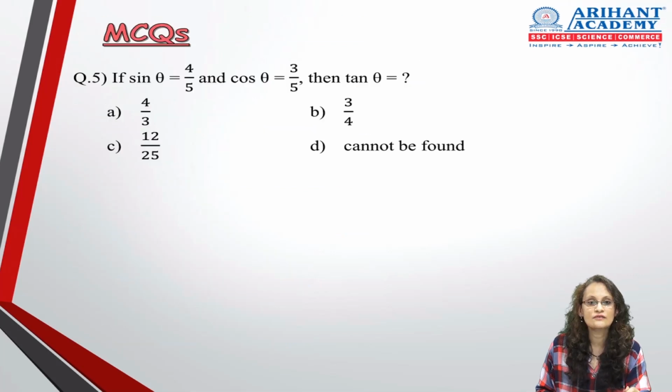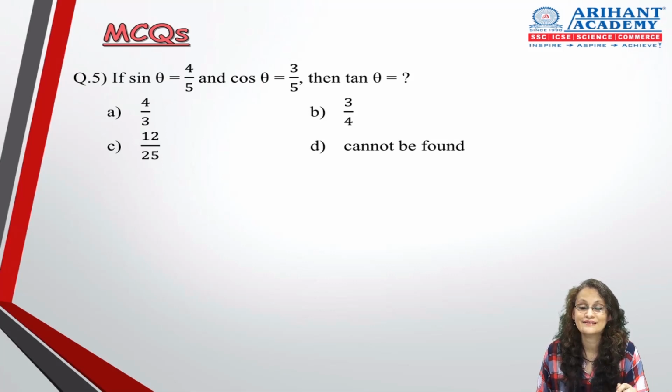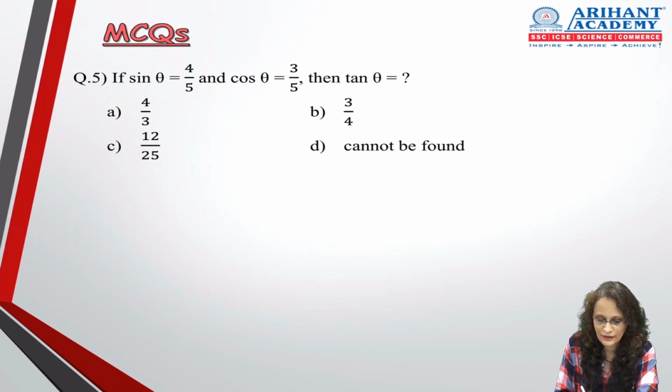Okay, so see the fifth MCQ. If sin theta is equal to 4 upon 5 and cos theta is equal to 3 upon 5, then tan theta is equal to question mark. You have to find out the value of tan theta. तो अभी अभी हमने फॉर्मूला पढ़ा था ना, so let me write it down. My formula is tan theta is equal to sin theta upon cos theta.